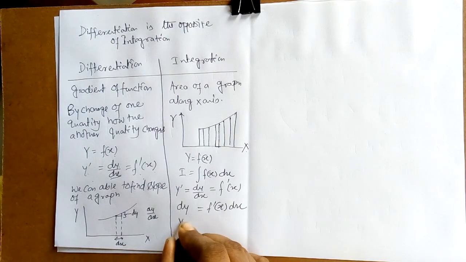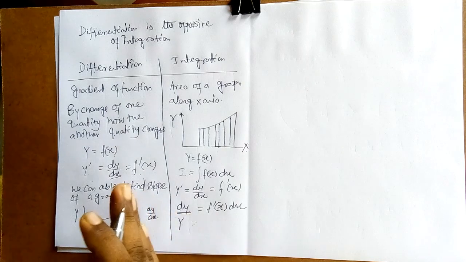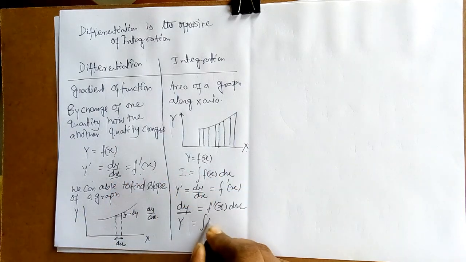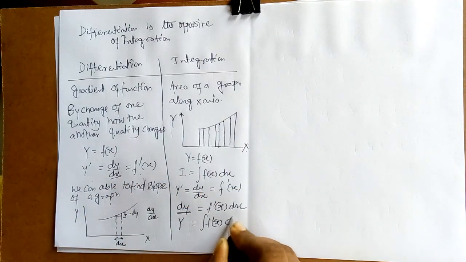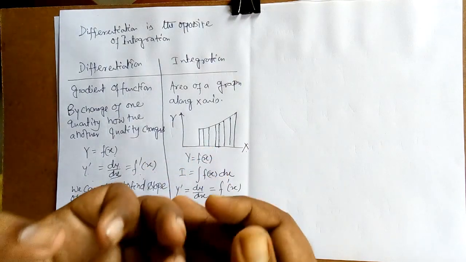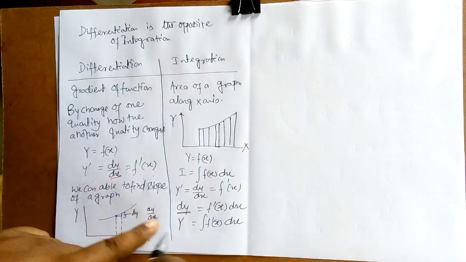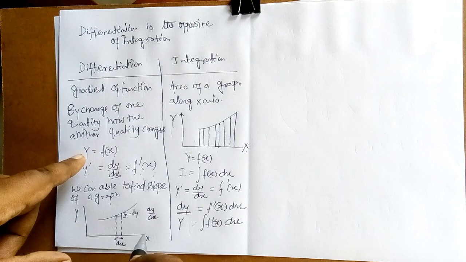So if I want to find y, dy is the smallest portion, and y means we have to find the total y, so we have to integrate f dash x dx. So what I want to say is that whatever we get by differentiation, will be returned when we integrate it.